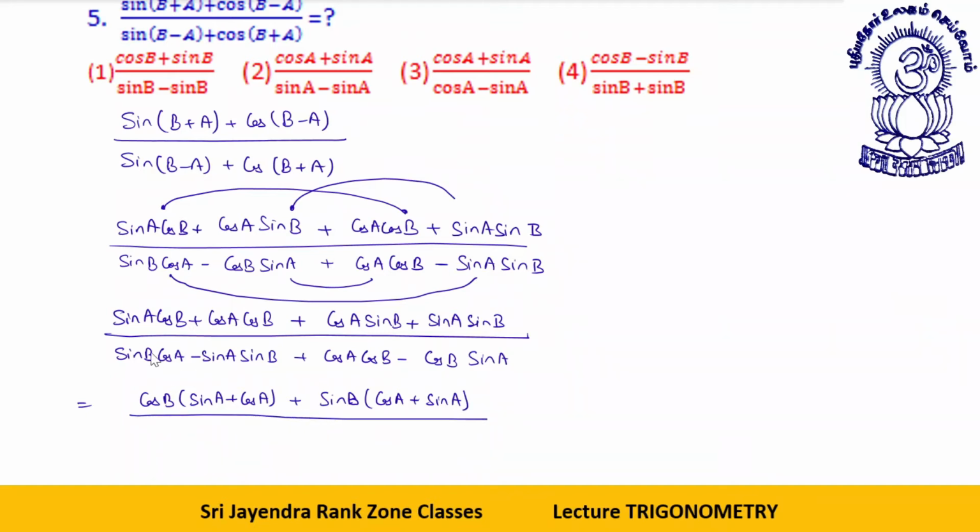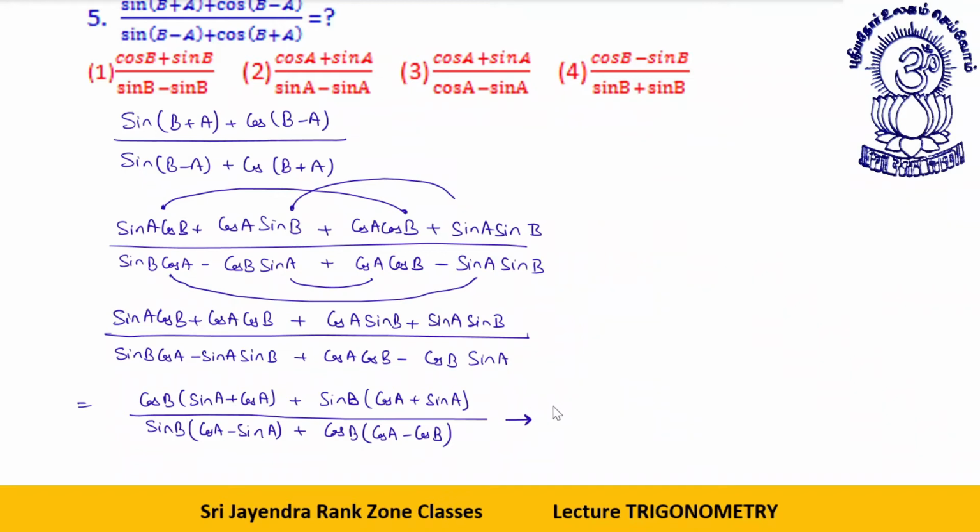In the denominator, from the first two terms, if I take sin B common, I get cos A minus sin A, plus from the above two terms I take cos B common, and I get cos A minus sin A.